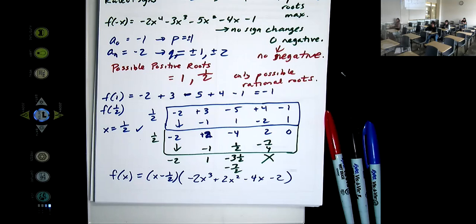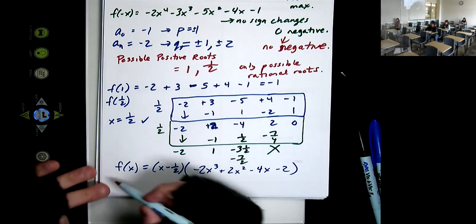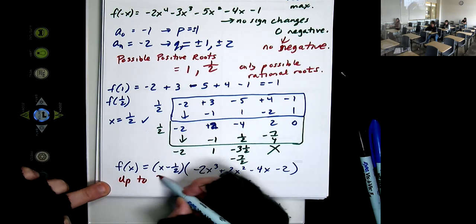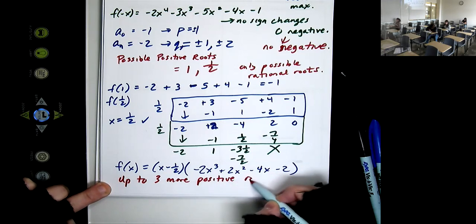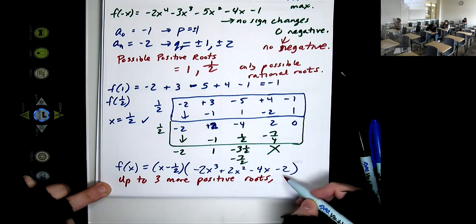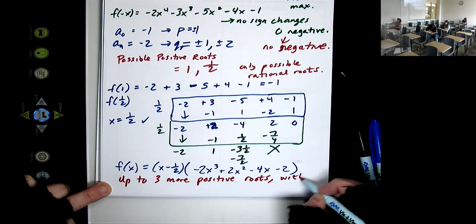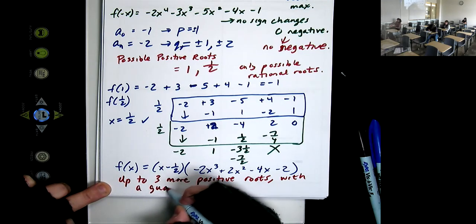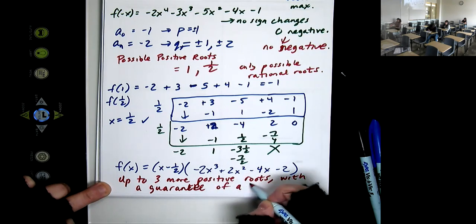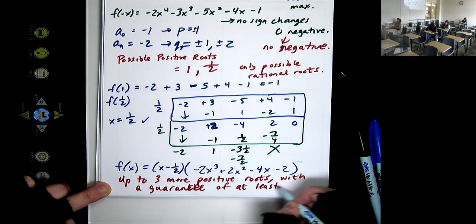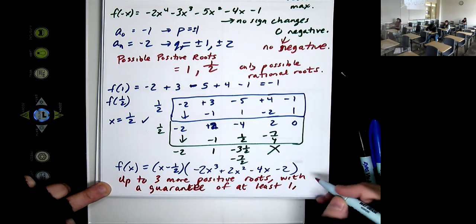They're going to be irrational numbers, might be like square root of something. So there's up to 3 more positive roots, with a guarantee of at least 1. They're not rational though.